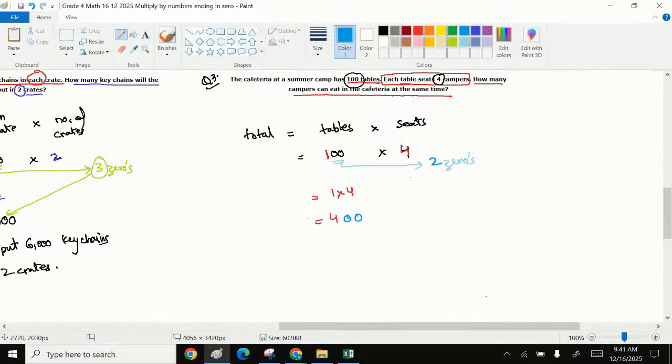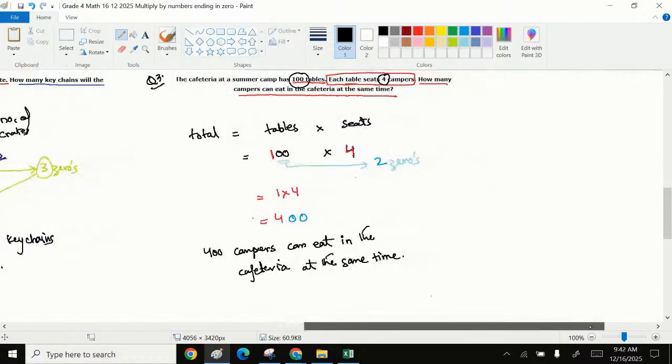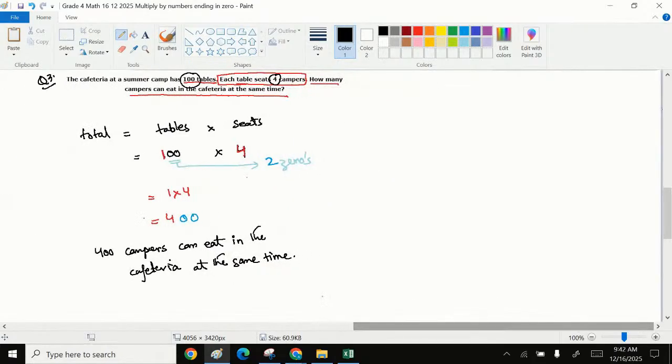That means the total 400 campers can eat in the cafeteria at the same time, right?